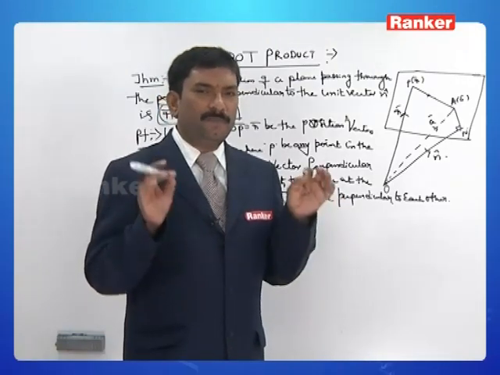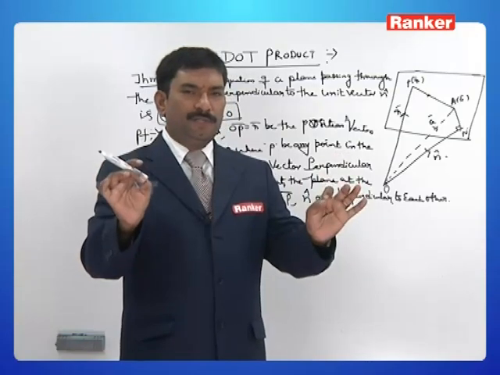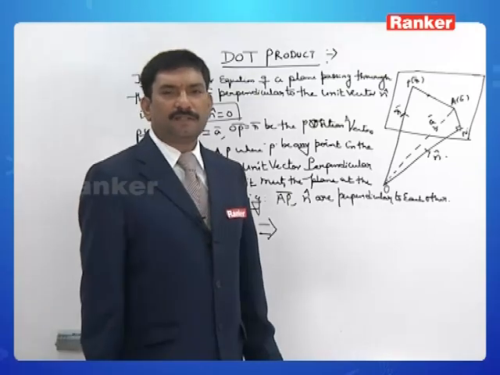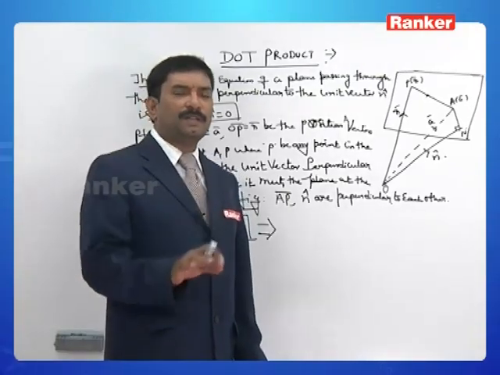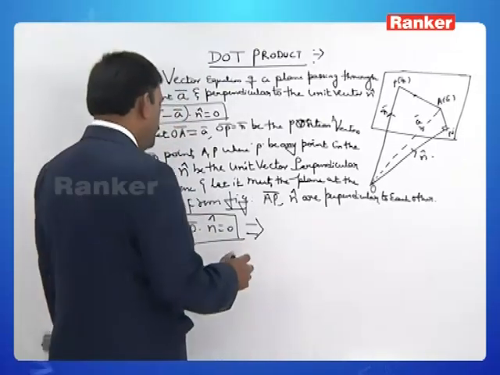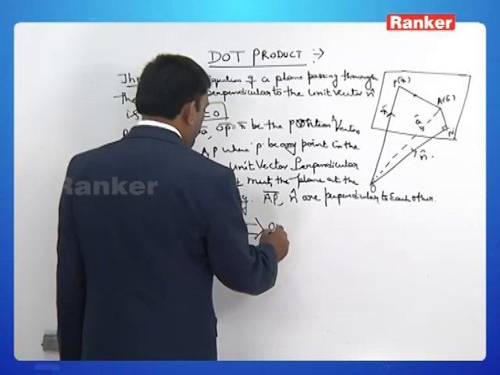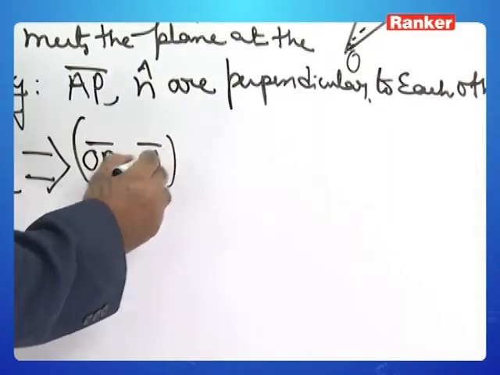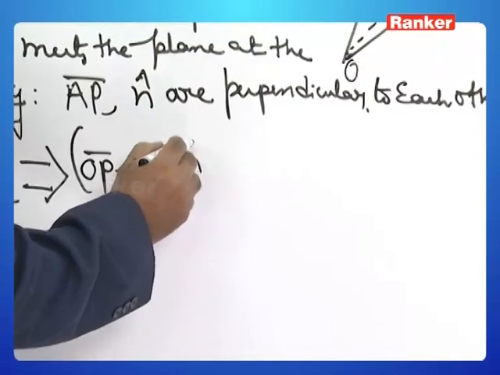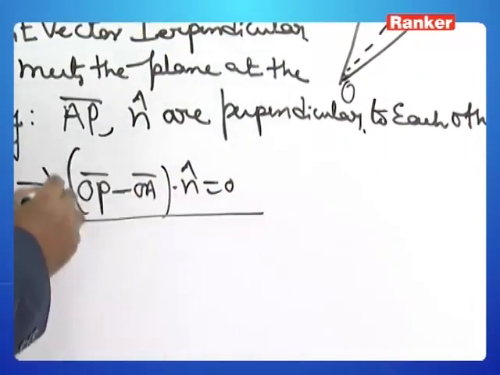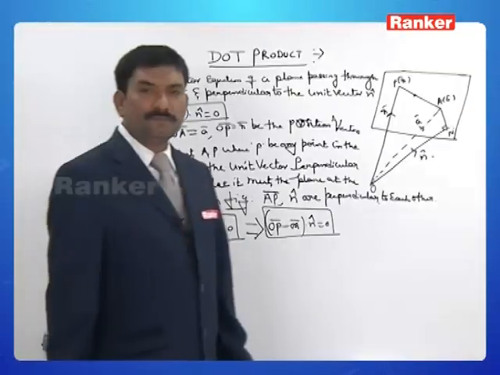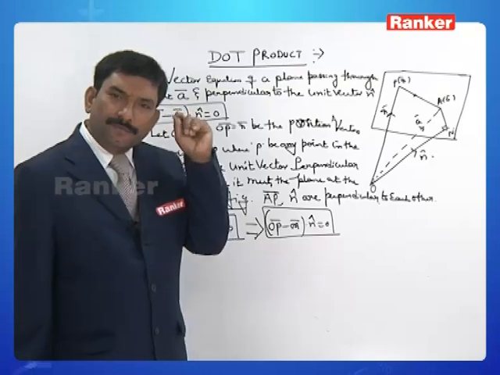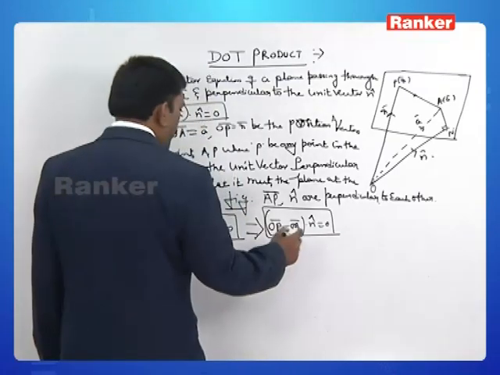Every vector can be expressed in terms of the position vectors of its extremities, that is OP minus OA, which implies OP bar minus OA bar dot N cap is equal to 0.